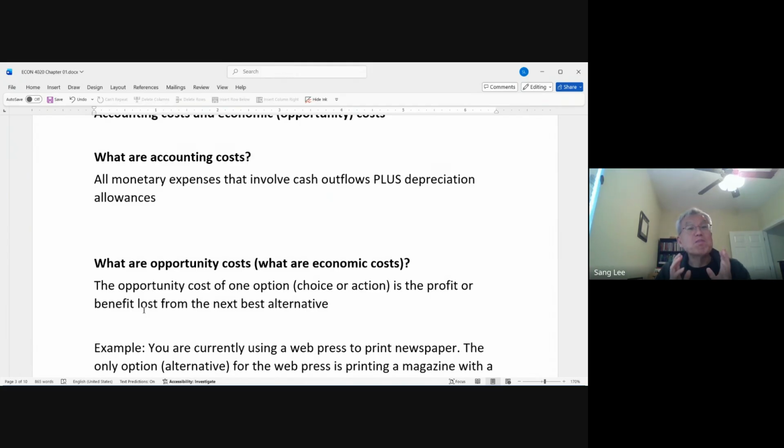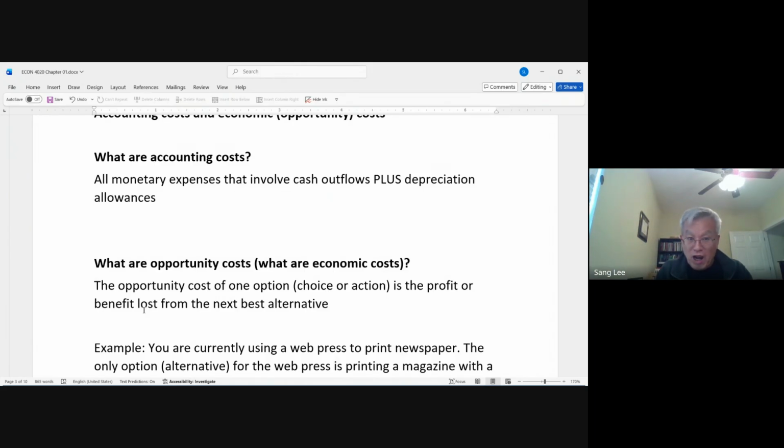Accounting costs must entail actual cash outflow. Okay, so you actually have to swipe a card, write a check, or hand over a certain amount of cash to someone else in return for some product or service.